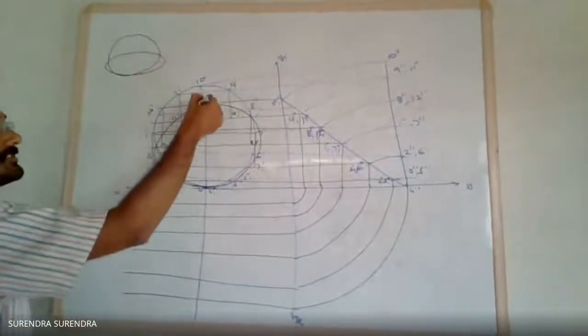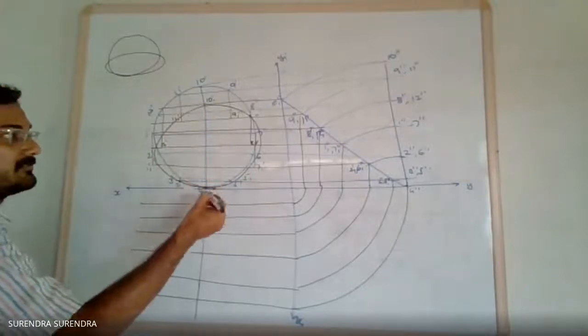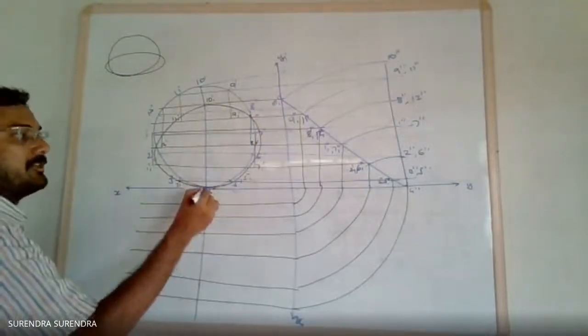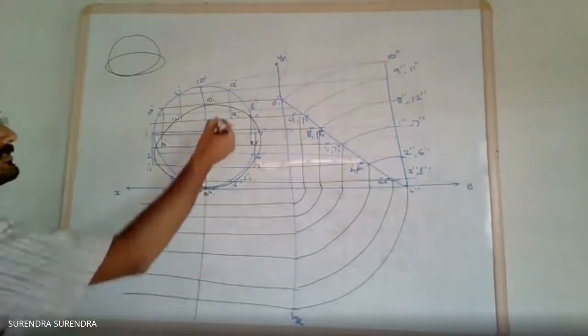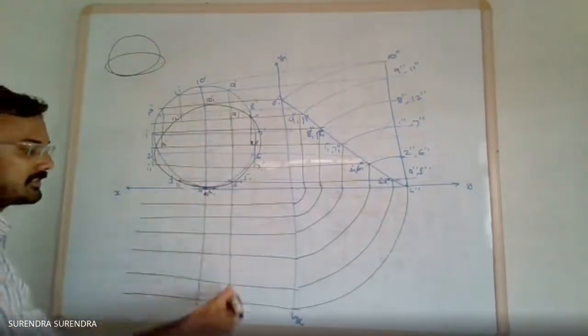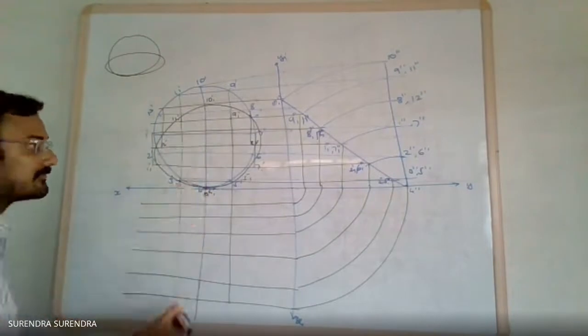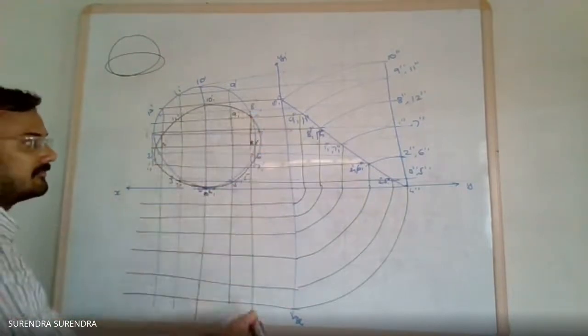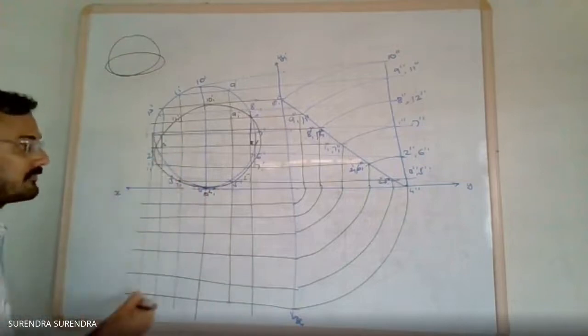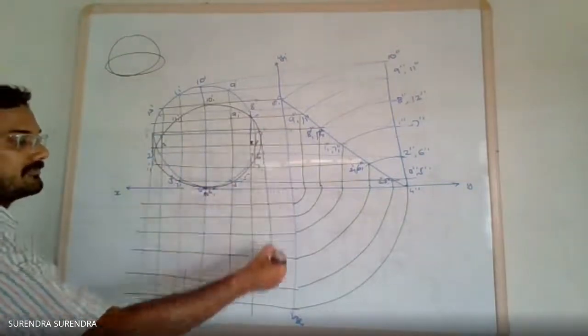Draw the projections. Projection from 10, and then... So point 10 must be on the vertical plane; here 10 dash comes. Next, 9 and 11, 12 and 8, 1 and 7.